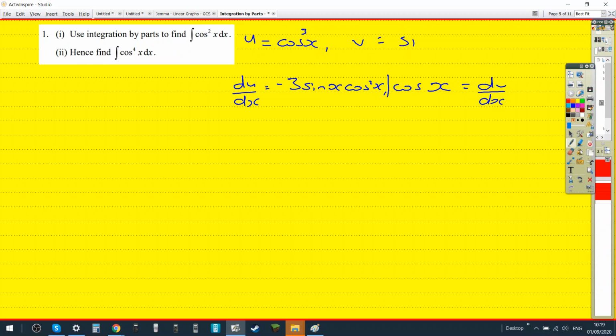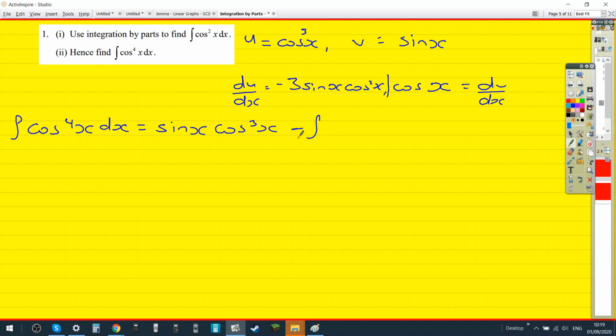Is it minus sine x? I think it's just positive sine x. So then that would be cos cubed x times sine x. Okay, so sine x cos cubed x.